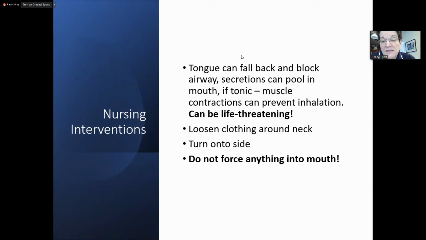And if you place something in their mouth, it can break teeth. Now, I will tell you, never ever put your fingers in to protect them from biting their tongue, because your fingers will be bitten through, okay?